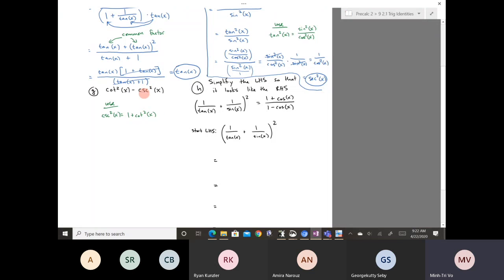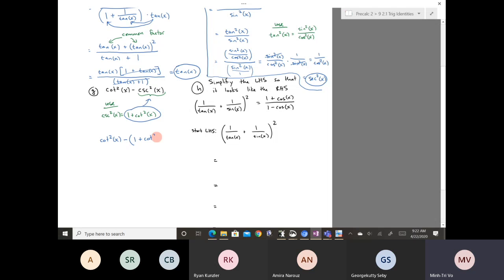Right, so this thing is going to go here. So let's write it out. So cotangent squared minus this thing, but this thing is replacing a single thing, so I need to put in parentheses here.